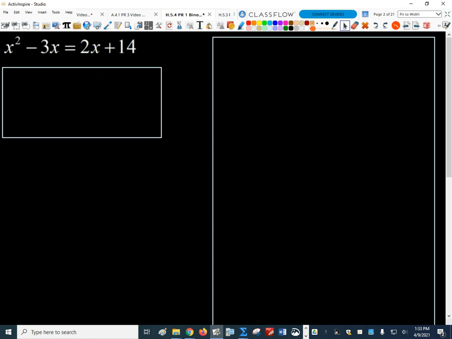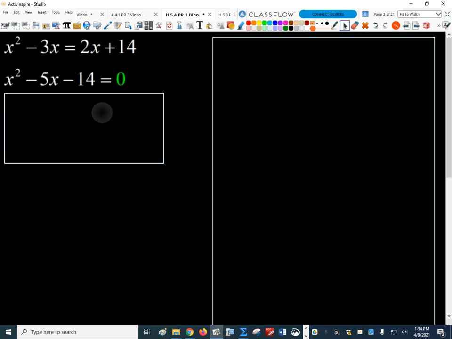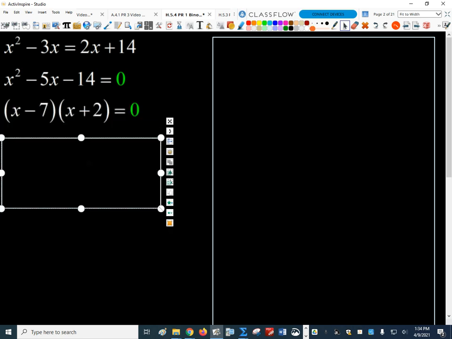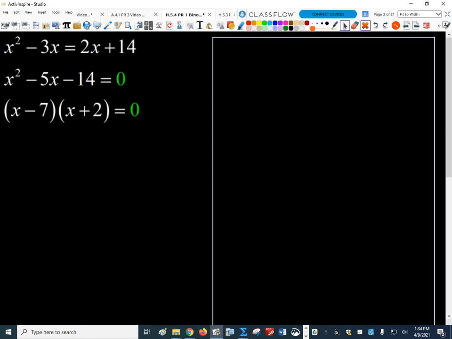So if I want to solve this, wouldn't I just put it in standard form first, push all the terms to one side and set it equal to 0? Then we look for magic numbers, and they exist. Numbers that multiply to negative 14 and add to negative 5 are negative 7 and positive 2.